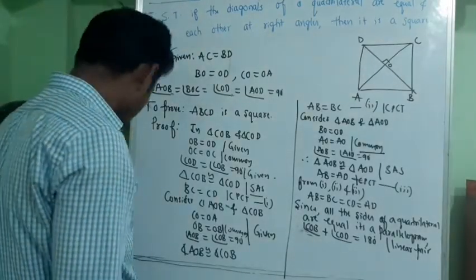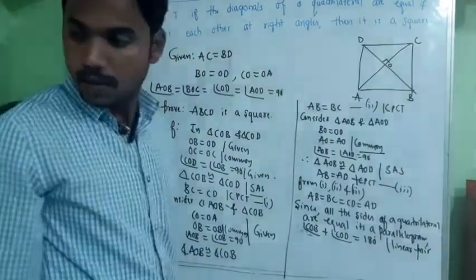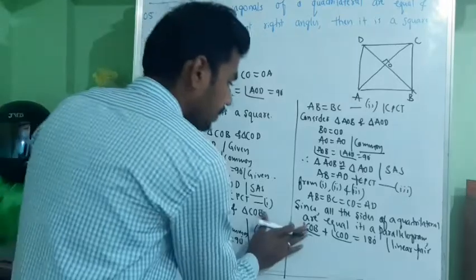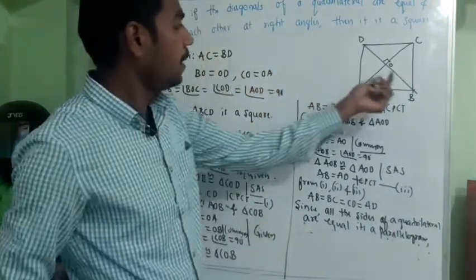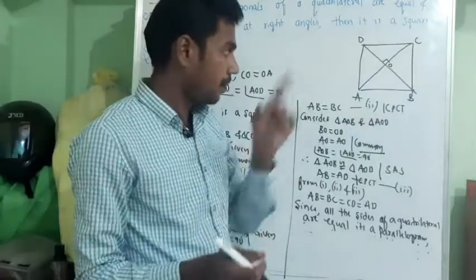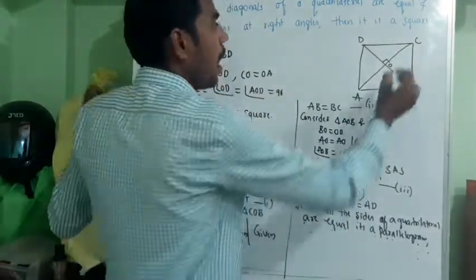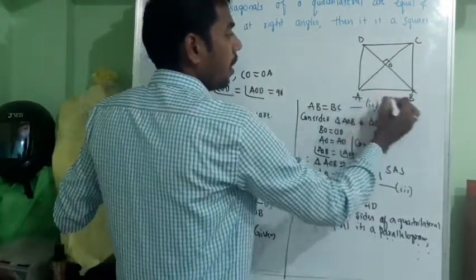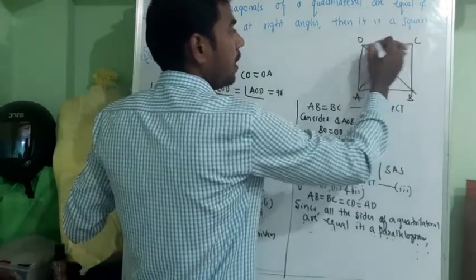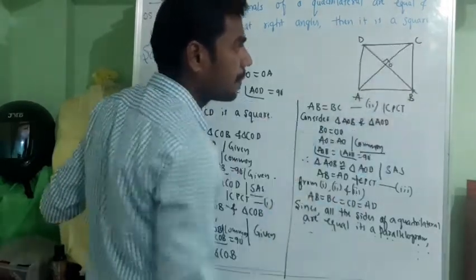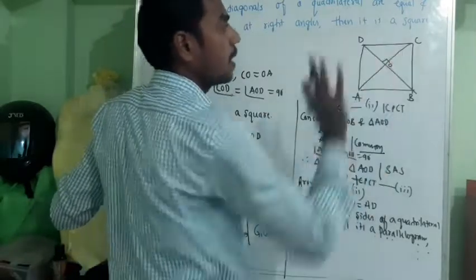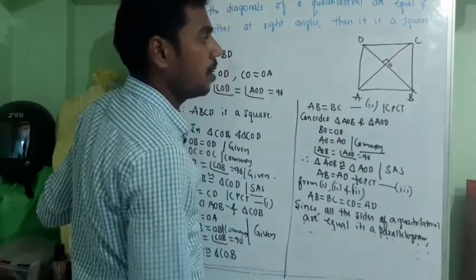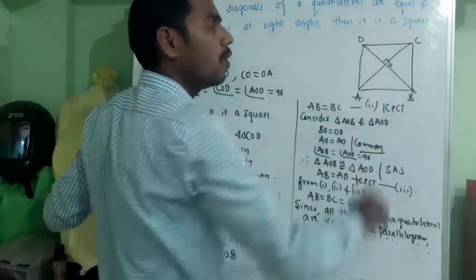So not in that way. Wait. What I need to prove is one of the angles is equal to 90 degrees. For that, what we have? See, I need to show in triangle ABC and DCB, and we need to prove these two triangles are congruent. If those two triangles are congruent, angle B will be equal to angle C.